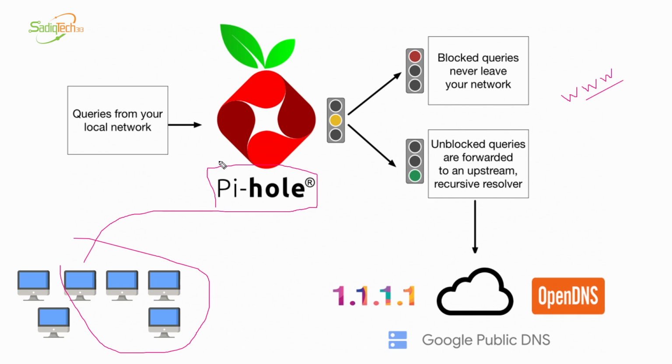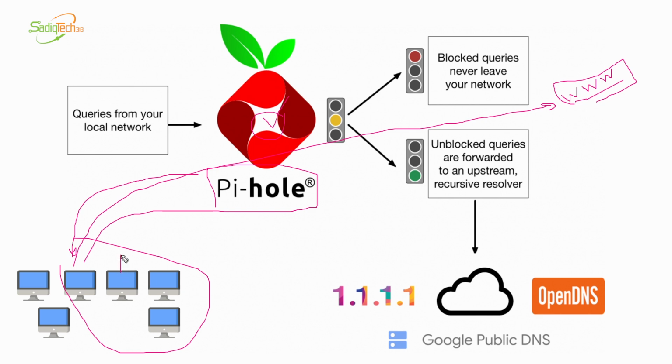If the request is on the blacklist, Pi-hole will send a null response to this user, so this user cannot access this domain. If the request is on the whitelist, Pi-hole will allow the user to access this domain. If this domain has advertisements or malicious links inside, Pi-hole will block all the links that are located inside this website.